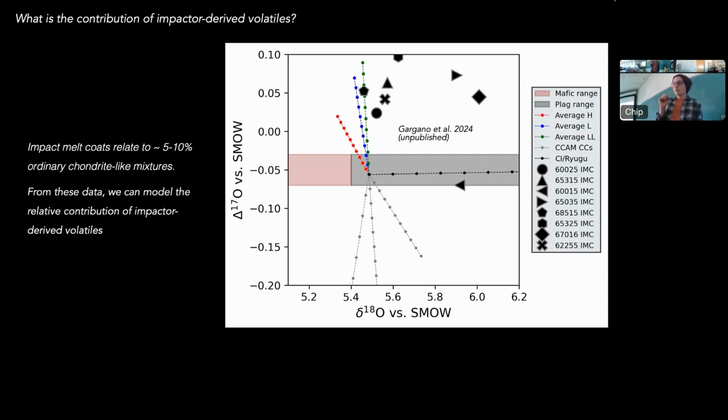We will be able to constrain this better with a larger mixing model by constraining the major element chemistry to know where the protolith x-axis origin is here. But across the board, we're seeing a largely ordinary chondrite-like component added to these impact melt coats. Importantly, by constraining what we gained here, we can also say what contribution of volatiles was brought alongside these impactor components, measured in oxygen.